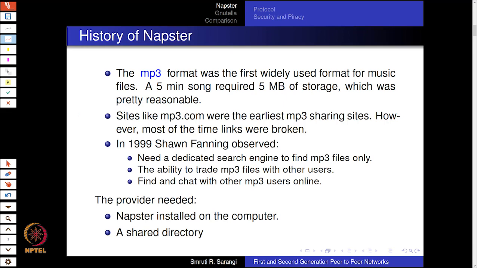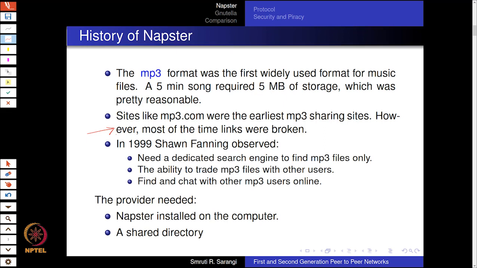That started a boom of MP3 sharing. And a large part of that sharing was an unintended consequence of a technology like Napster, where a large part of this was illegal. Shawn Fanning, who invented Napster, created a dedicated search engine for MP3 files only.